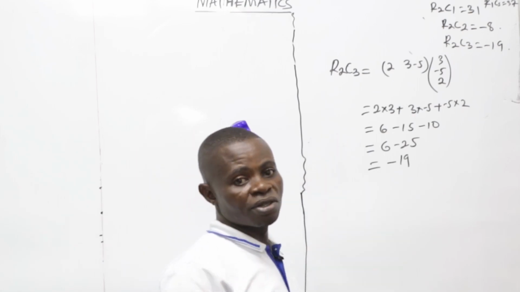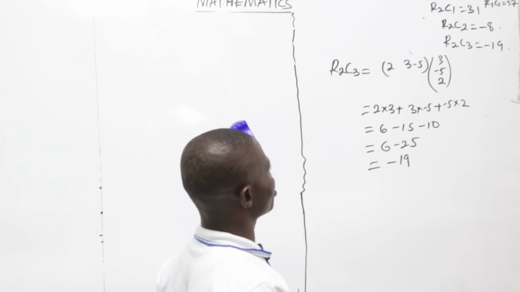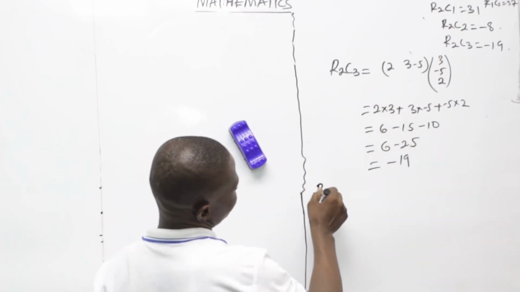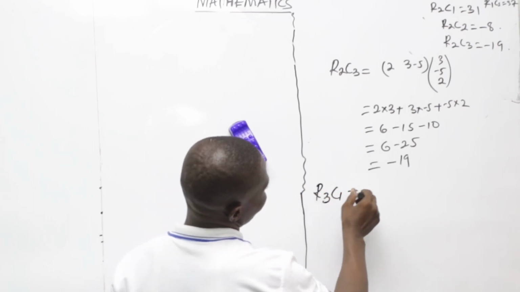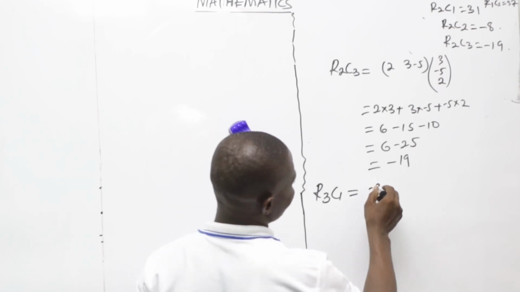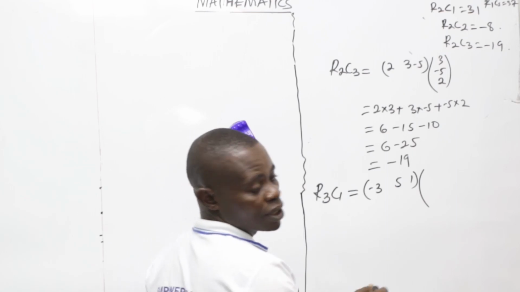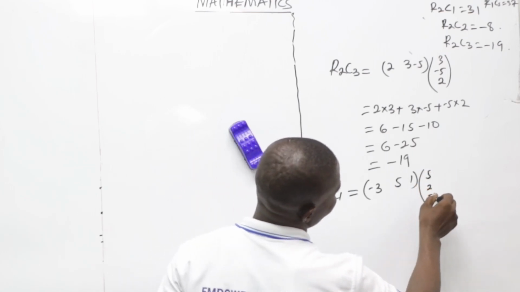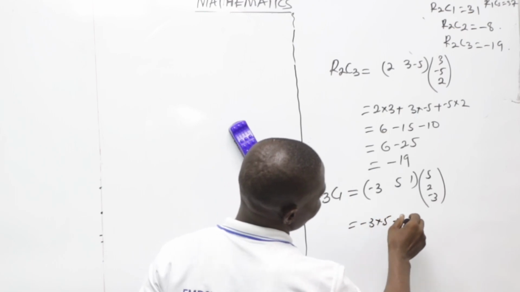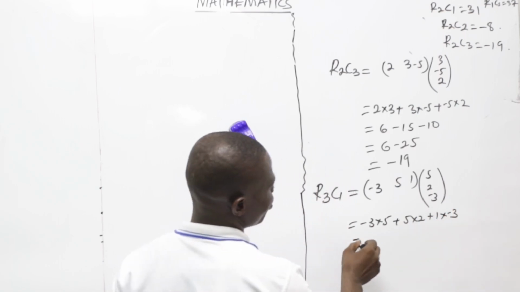At the end, you see the reason why I'm gathering all this information, because you must use it to position your solution. So the next is what? Row 3, column 1. Also row 3 from A is minus 3, 5, 1, into column 1, which is 5, 2, minus 3, to give us minus 3 times 5 plus 5 times 2 plus 1 times minus 3, to give us what?